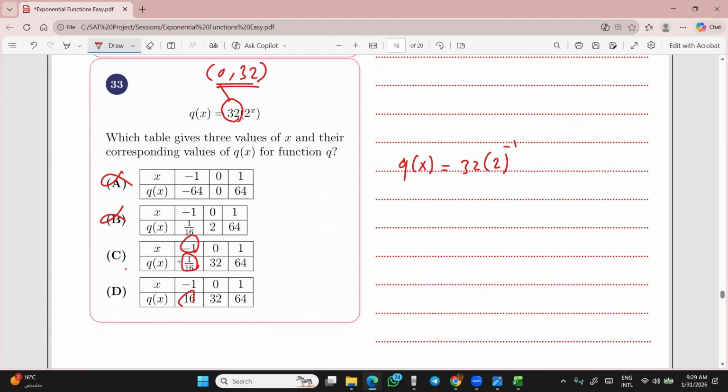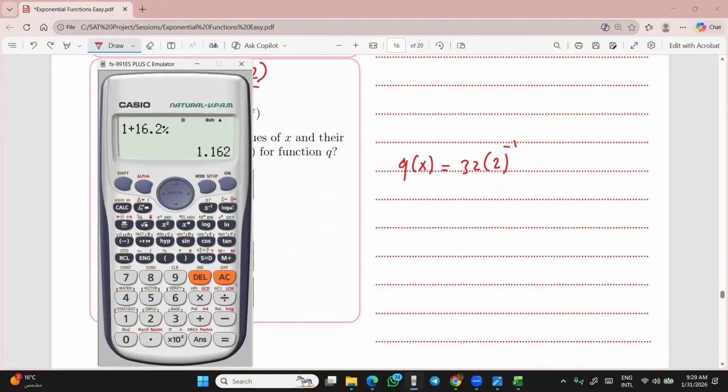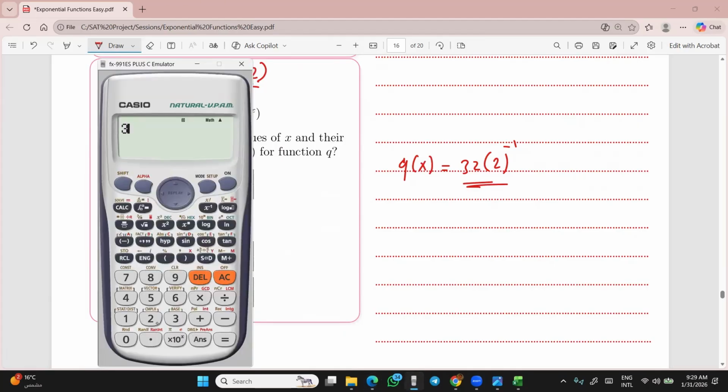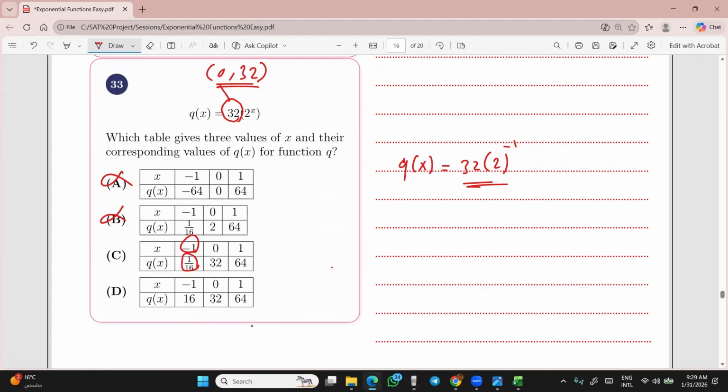If the answer is 16, choose this. Let's use the calculator for this one. Just write the right part, not q of x. 32, open the parentheses and write 2 inside, and then go up to the exponent, write -1, and the answer will be 16. 16 means the answer is letter D. That's how to work with the question.